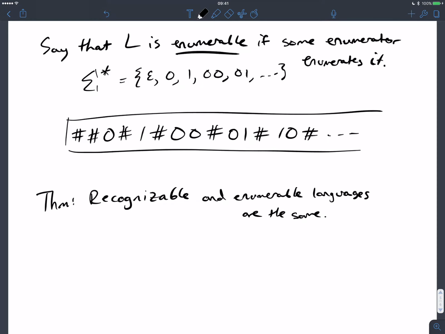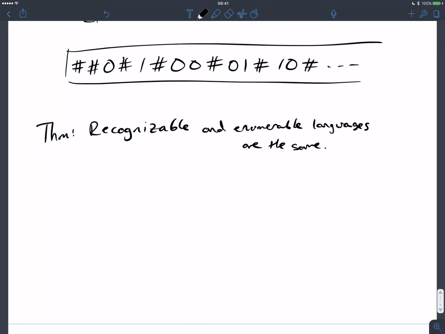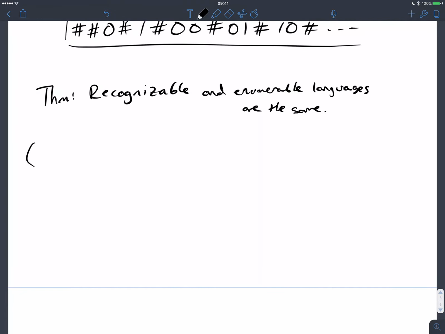Other questions? So if I want to show that recognizable and enumerable languages are the same, the easiest way to show that is if I can convert a recognizer into an enumerator with the same language, and the other way around, an enumerator to a recognizer. And the easier direction is converting an enumerator to a recognizer.